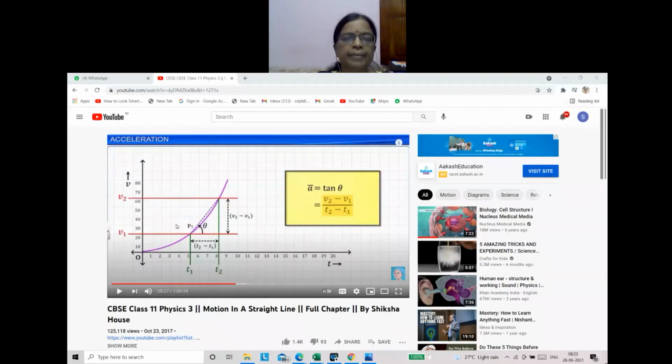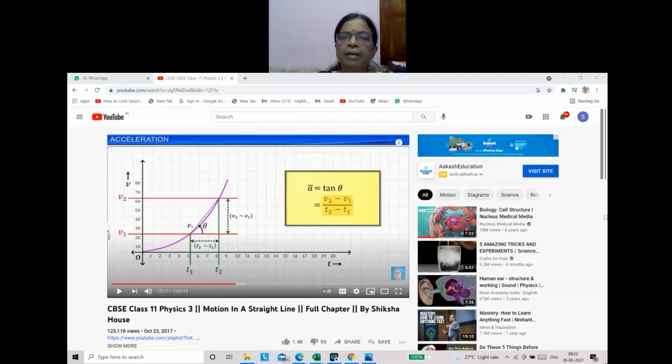So from the VT graph, how will you find average acceleration? What is the answer for that? What we have found? Slope of the line.